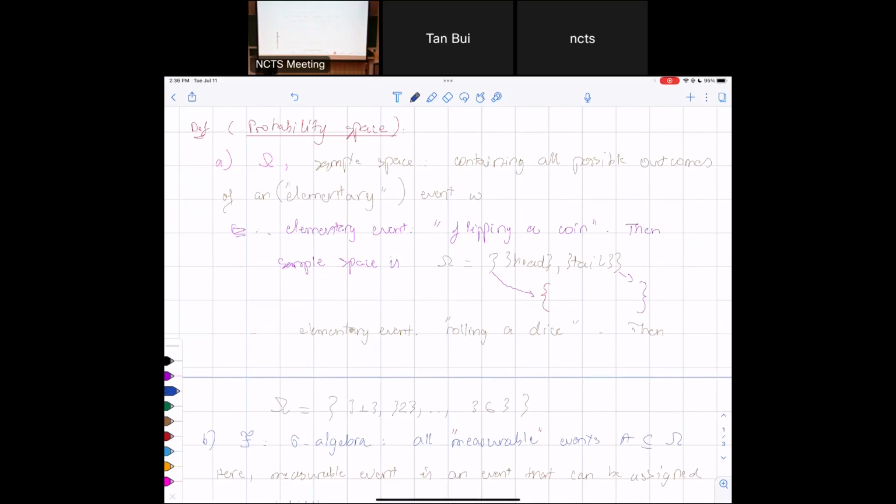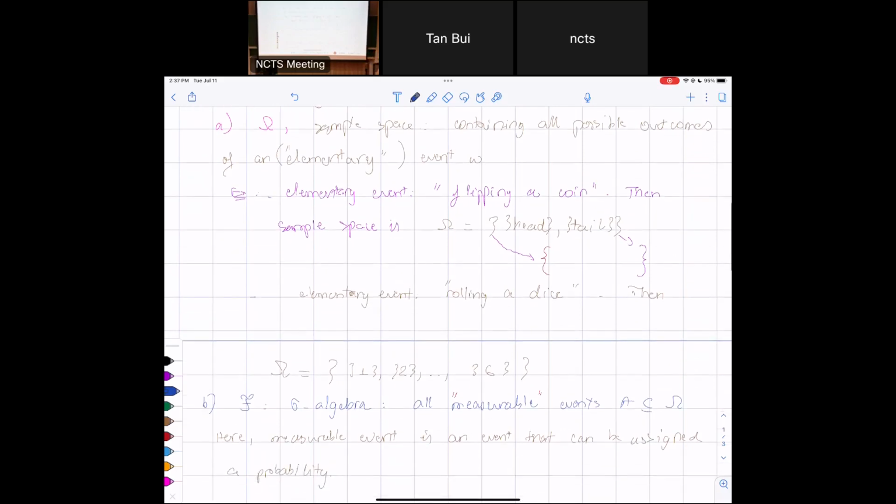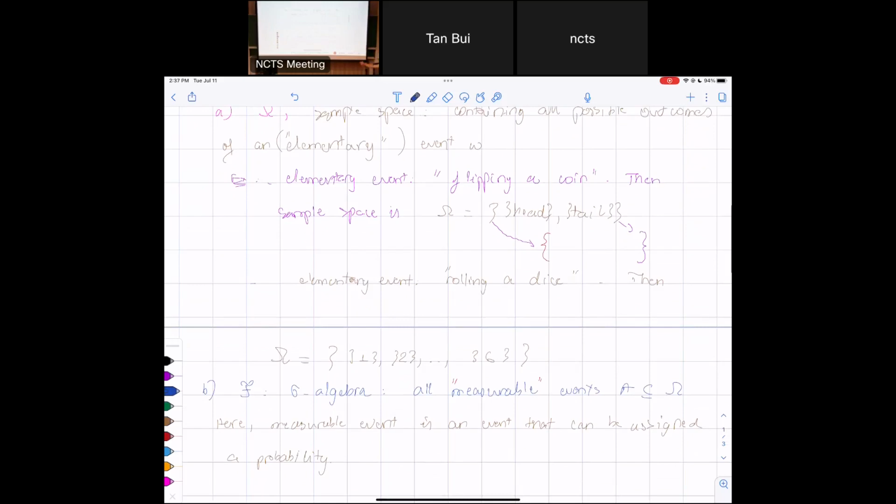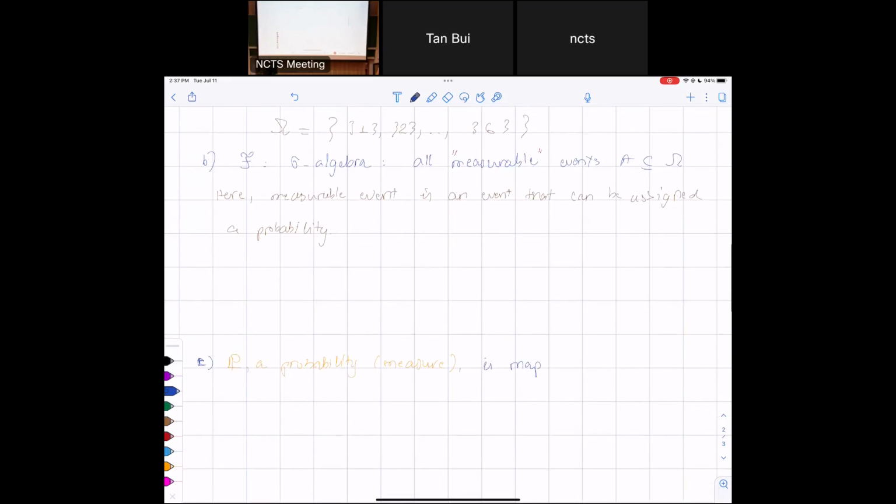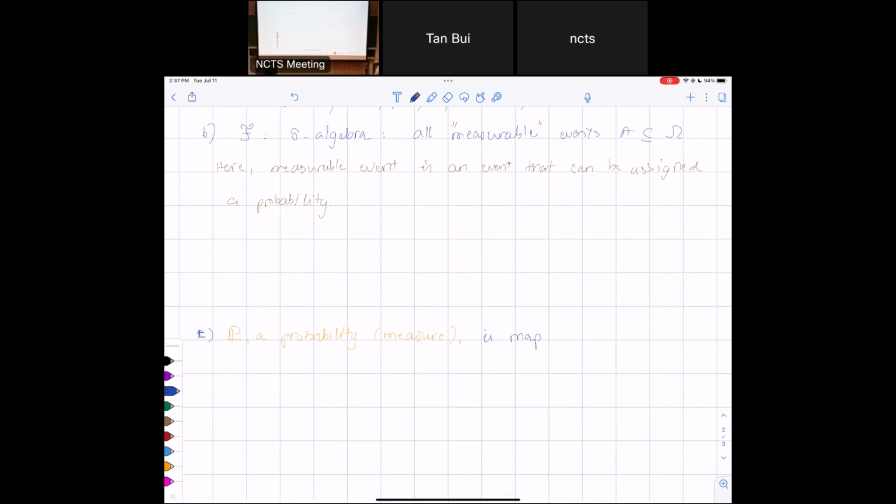So from a mathematical point of view, omega, you think of it like R. And then F, the sigma algebra, you can think right now of as just a set of subsets. But there is one condition: measurable. For the sake of simplicity, just think of F as a set of subsets. And then the probability measure is just a fancy name, but it's just a map, a function. It's a map from omega, from the sample space, to a very special interval, 0 and 1.